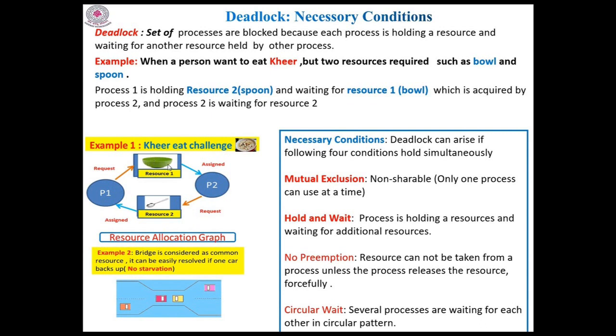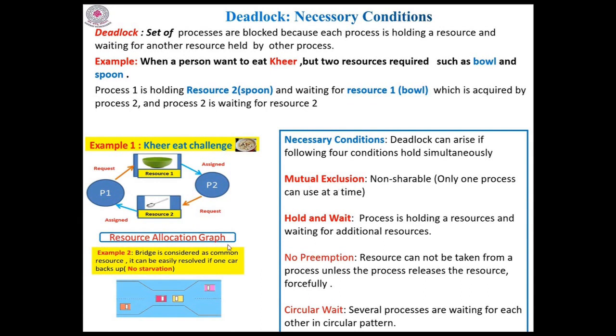Resource 1 is the bowl, resource 2 is the spoon. It is waiting for resource 1, which is held by P2. P2 is also waiting for resource 2, which is held by P1. So both are waiting for additional resources, but those resources are held by the other person. When this process continues, this situation is called a deadlock.